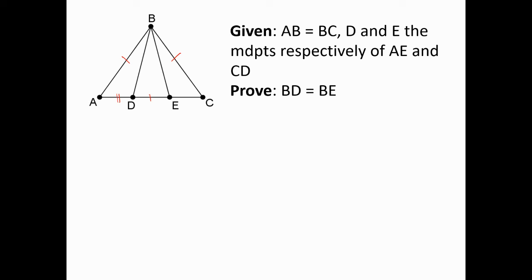Oops, better use 2 hash marks. And then E is the midpoint of CD. Which means that the 2 parts of CD are equal. Oh, and a conclusion here becomes rather obvious, doesn't it? That all 3 parts of AC must be equal to one another. That's something I expect will be said in the proof. And then we're supposed to prove that BD is equal to DE.